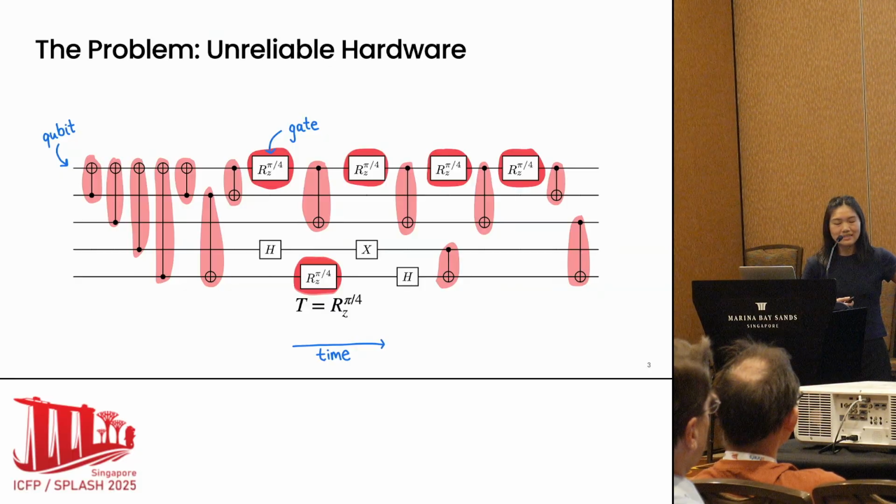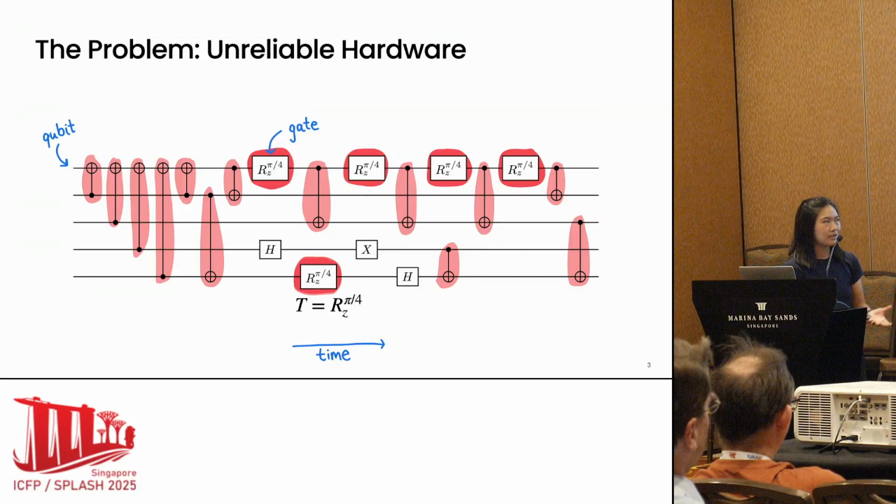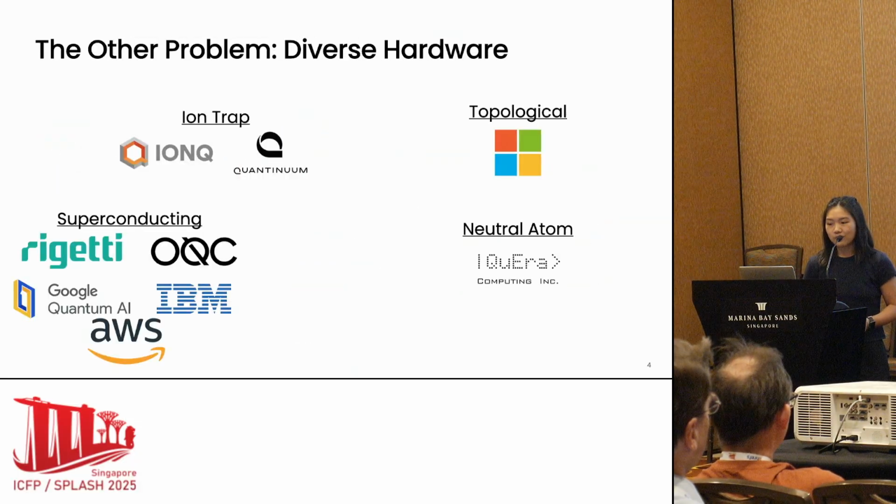The problem is that it's not going to be executable on every device because it turns out that every device supports a different set of native basis gates. And we have a lot of different options in terms of hardware, and they each have their own way of implementing this idea of a qubit physically.